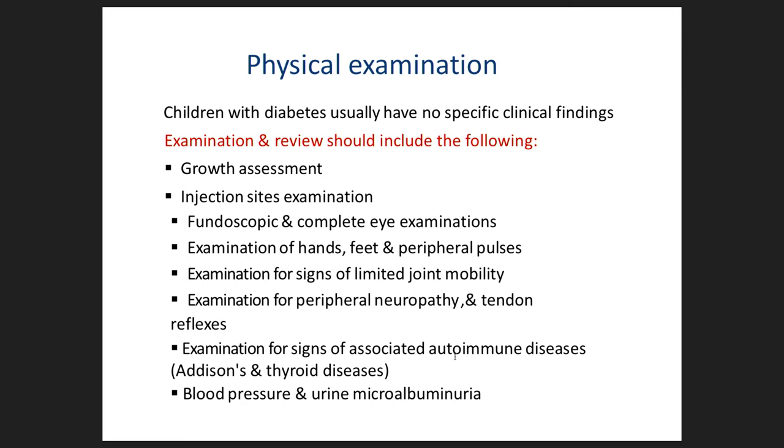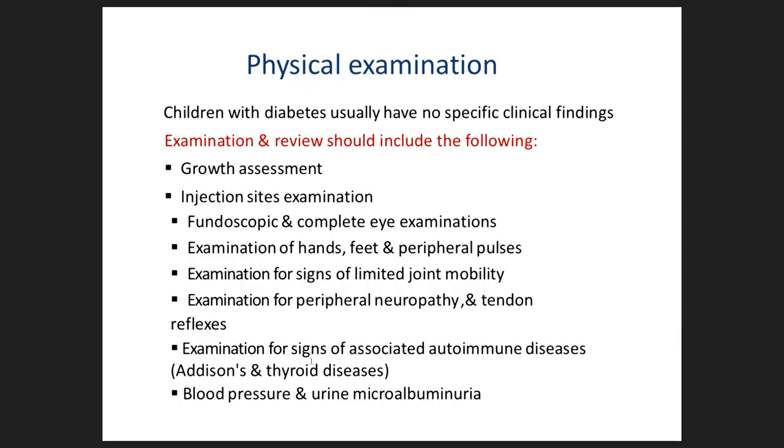The commonest 3 associated autoimmune diseases with type 1 diabetes: number 1 is celiac disease, number 2 is Addison disease, number 3 is autoimmune thyroid disease, whether Hashimoto's or Graves' disease. So we always have to think of these three associated autoimmune diseases in any child, adolescent, or adult with type 1 diabetes.